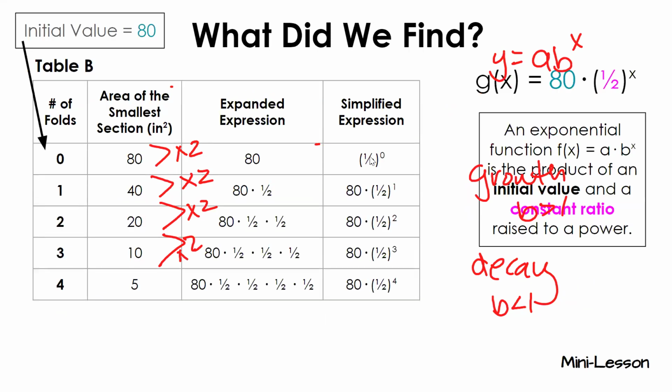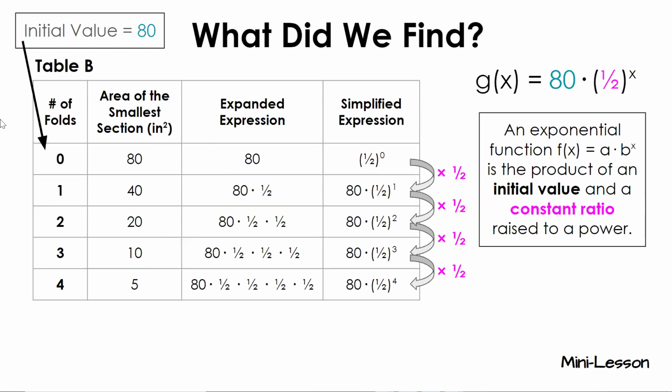We talked about the decay, and we see that what's happening here is we're multiplying by 1/2. Another way to say this is you're dividing by 2, but we always want to put it in terms of multiplication. So multiplying by 1/2 is the exact same thing as dividing by 2.